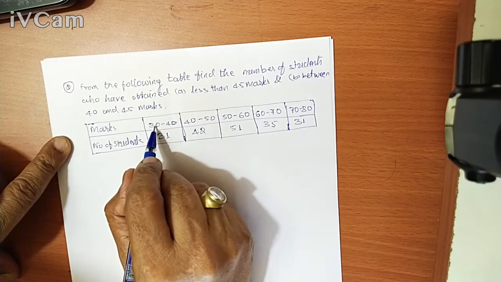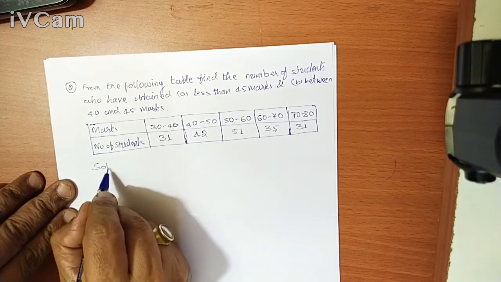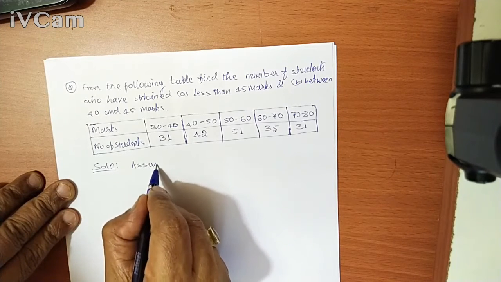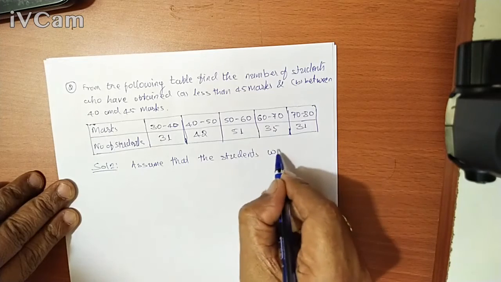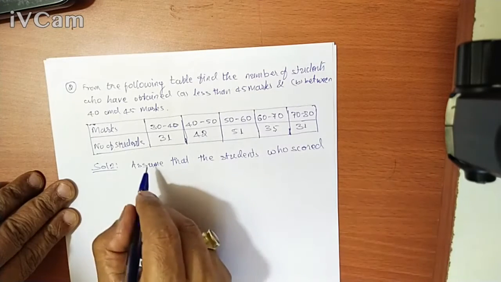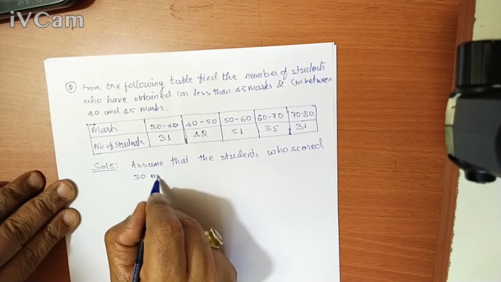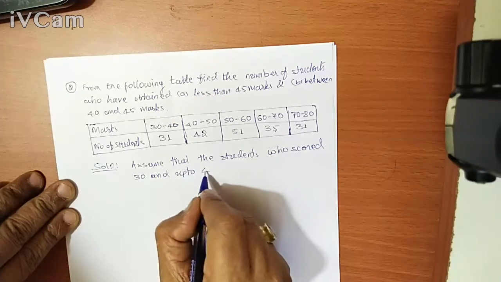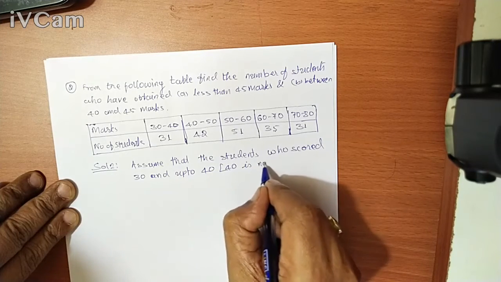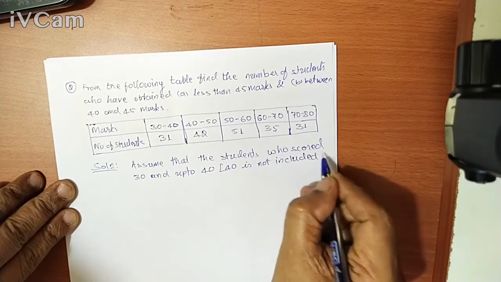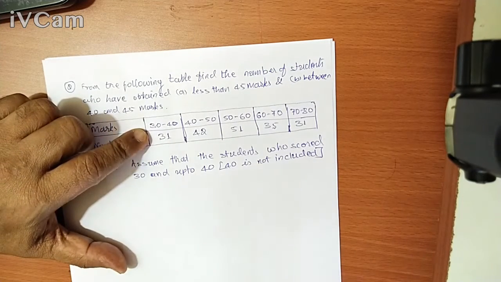That is, it starts from 30, then it goes up to 39, right? 30 to 39.